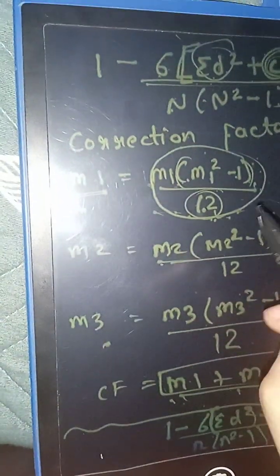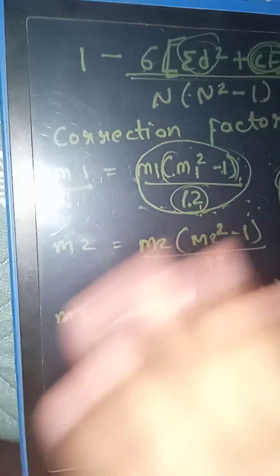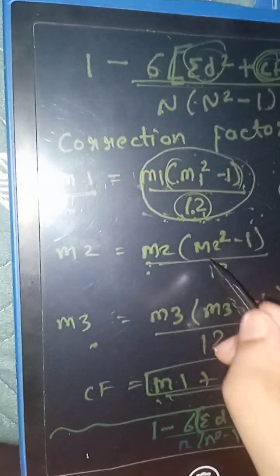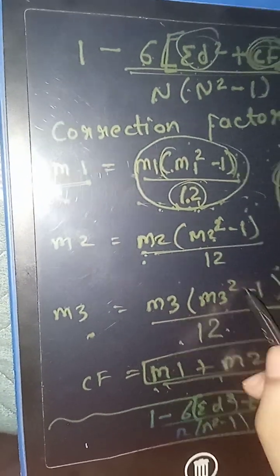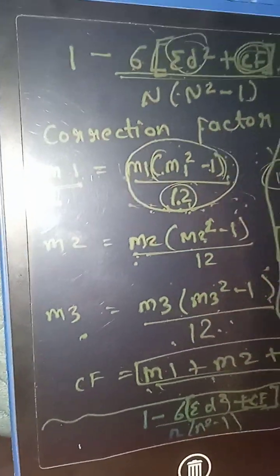The 12 will always be there, no matter what your n is, 12 is the constant. Then M2 bracket M2 square minus 1 upon 12, and M3 bracket M3 square minus 1 upon 12. I hope you got it.